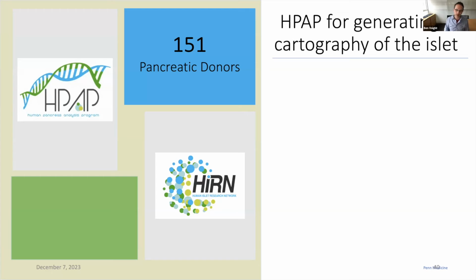I think we've got collections from about 151 donors, and the pancreases are collected and a range of omics data generation and molecular biological function of islets are targeted for those samples. One of those assays turns out to be single cell RNA sequencing. 106 of those have been single cell RNA sequenced and whole genome sequenced.